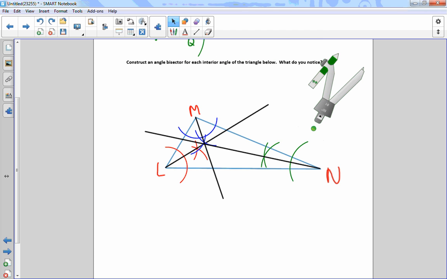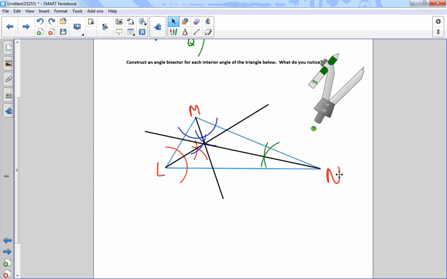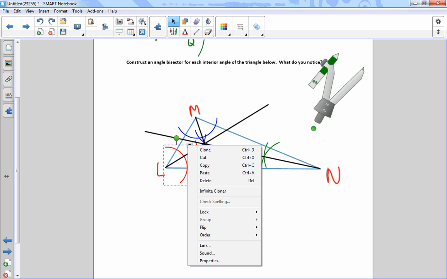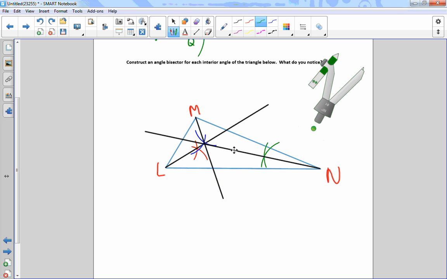I think I'm going to choose to at least erase these ones. Okay, and where they intersect is a different point than the circumcenter. Does anyone know what this one's called? This one's called the in-center.